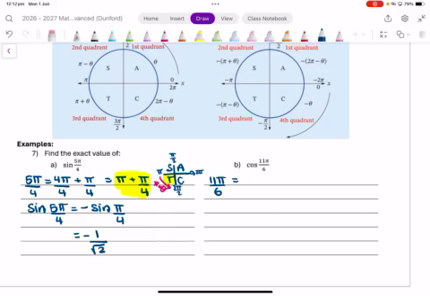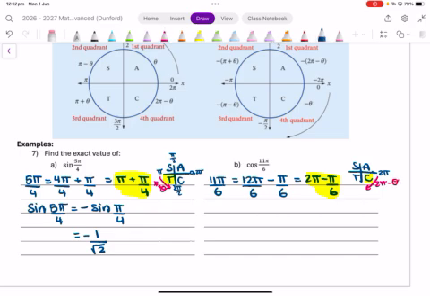So 12 pi on 6 minus 1 pi on 6 is the same as 2 pi minus pi on 6. So we're over in our C quadrant, where we have 2 pi minus our theta.